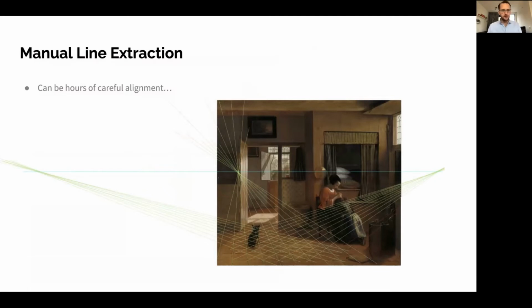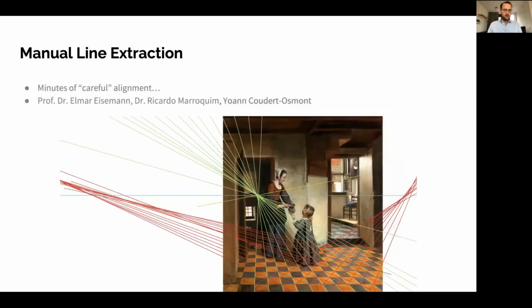So when we talked to an art historian who did this, it took them hours to carefully align these and actually make diagrams, which is not the work that you would like them to do, because it would be way more interesting to ask questions about how these perspectives were used, to study maybe the X-ray, see where these points were used. So we asked ourselves, could we make it more like minutes of careful alignment?